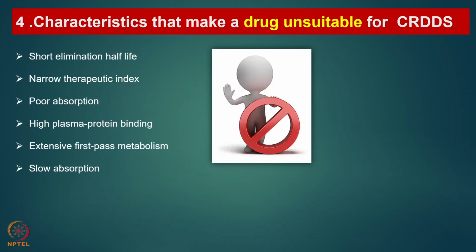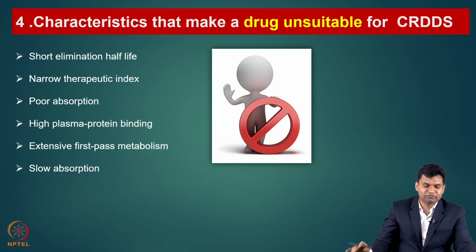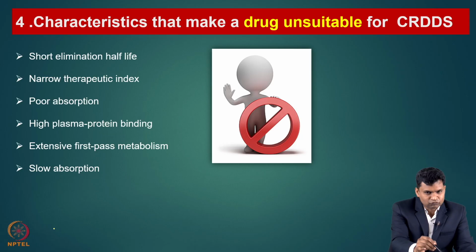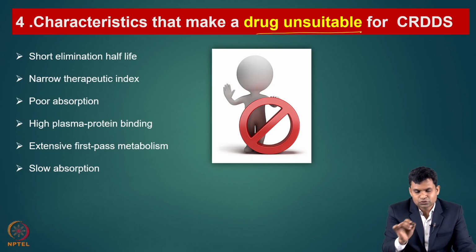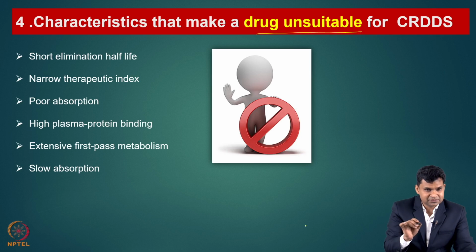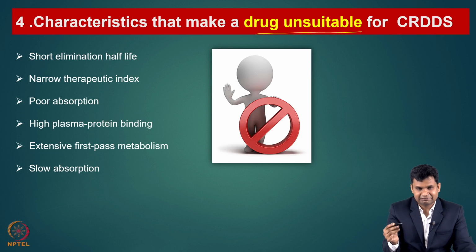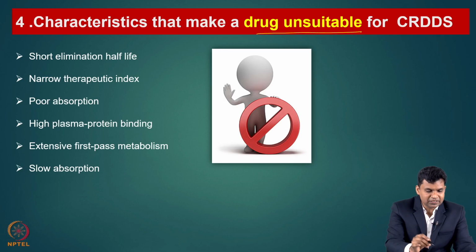And there are some characteristics that make a drug unsuitable for controlled release drug delivery systems. If your drug has any of these characteristics, it may not be suitable, but after modifying its properties, we can utilize it for controlled release.